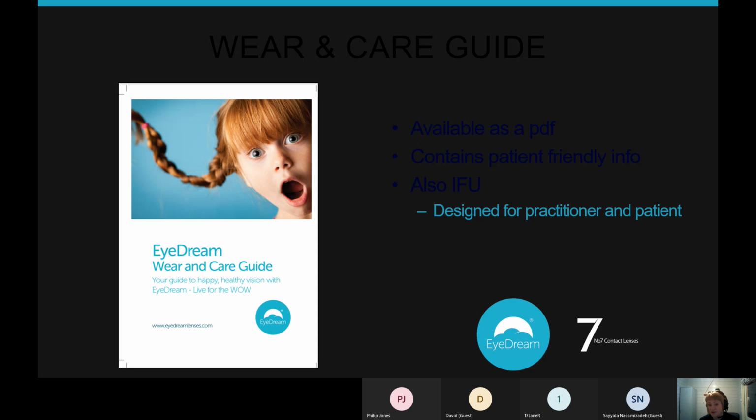So if you make sure that you pass that on to the patient, they get everything that they need to go with that lens. I was also surprised to realise that soft lens manufacturers are also supposed to provide these IFUs, and they do that by providing you with pads of them that you rip off and give to the patient. But I wasn't sure I'd ever seen one.